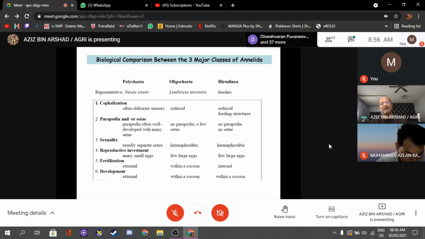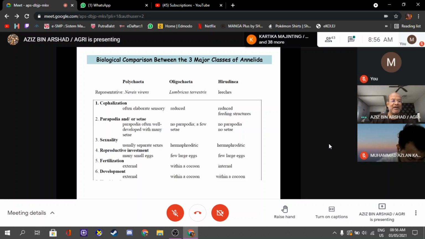So now, learning all the three major groups. Before this, it was called three major classes, but now it's one class Polychaeta, and two subclasses Oligochaeta and Hirudinea. If we look at this, there are a few characters that we can use to differentiate them. First, the development of the head.